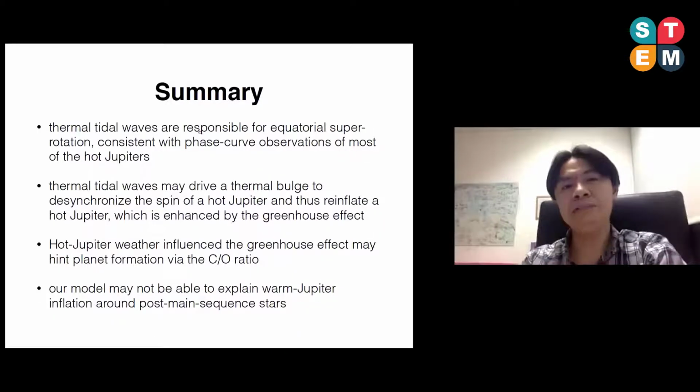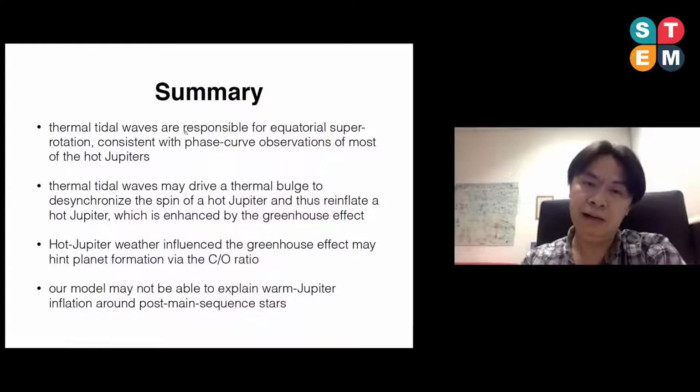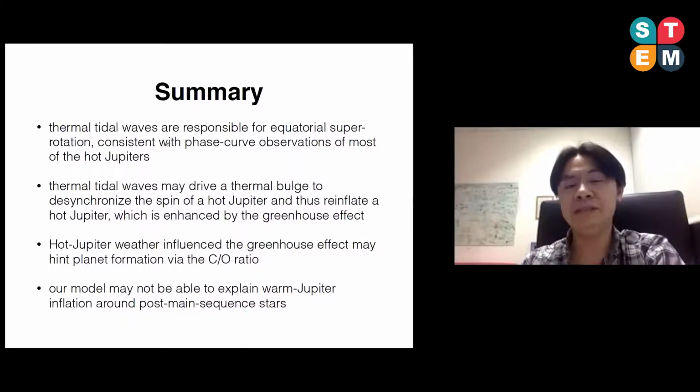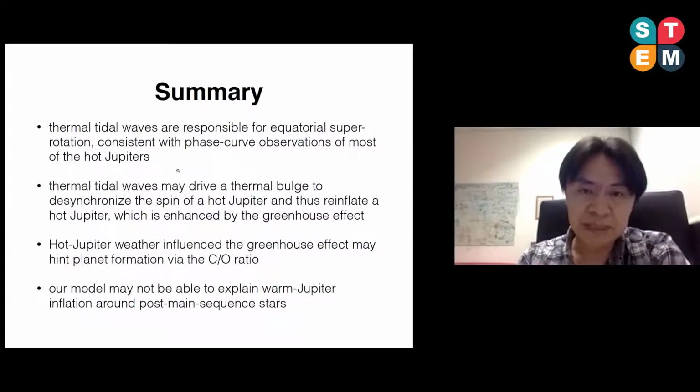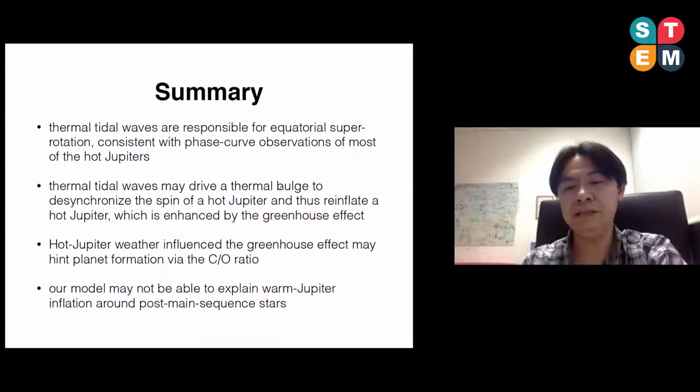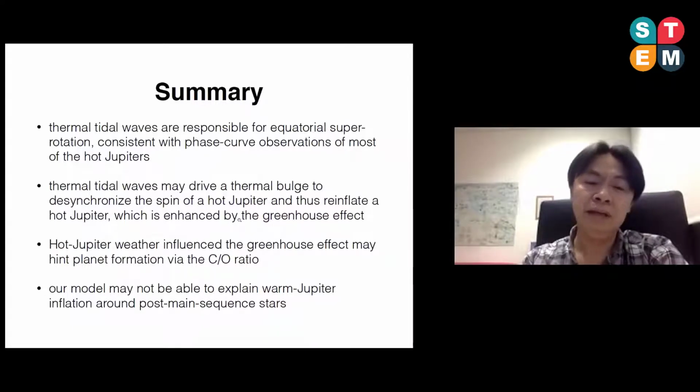So here comes the summary. The thermal tidal waves are responsible for equatorial superrotation, which is consistent with the phase curve observations of most hot Jupiters. Thermal tidal waves may drive thermal tides to desynchronize the spin of a hot Jupiter and thus reinflate the hot Jupiter, which can be further enhanced by the greenhouse effect.